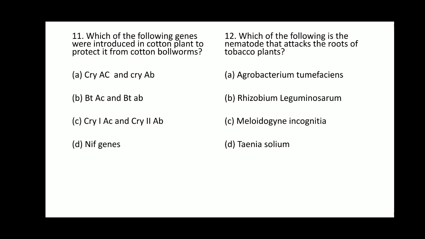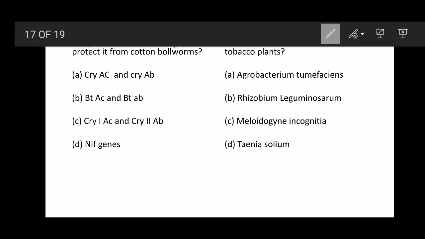Option C, CRY-1AC and CRY-2AB. Option D, NIF genes. The Bt cotton plant is developed by inserting genes CRY-1AC and CRY-2AB, which produce the Bt toxin that is effective against the cotton bollworms. So option C is the right answer for question number 11.